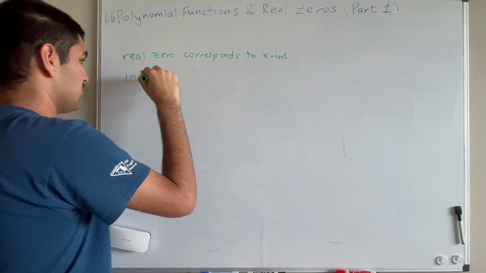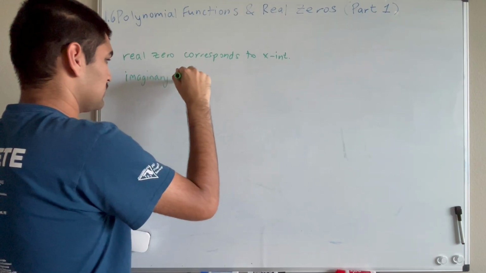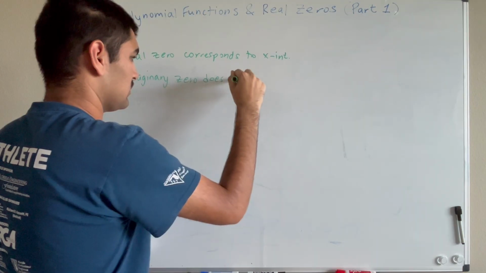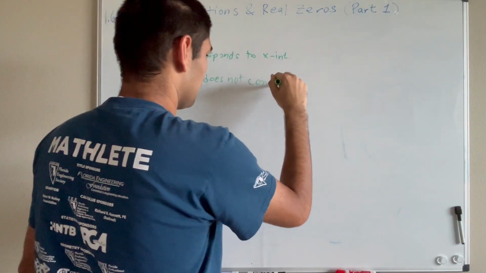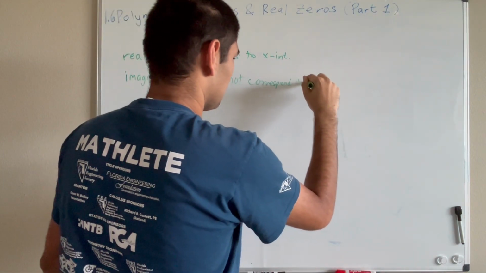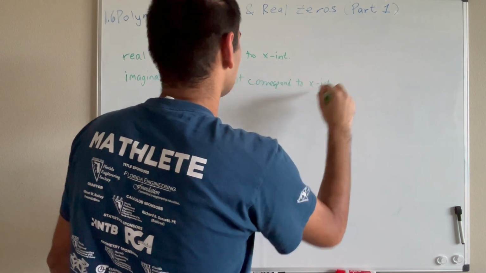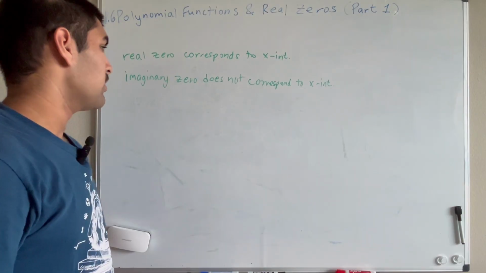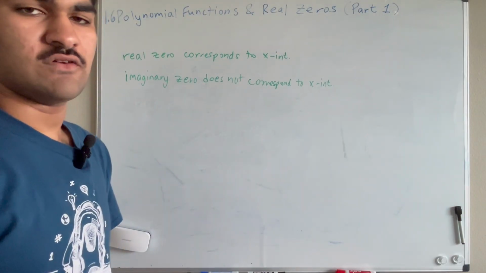So a function could have an imaginary zero, but we could not tell based off of the graph of the function.